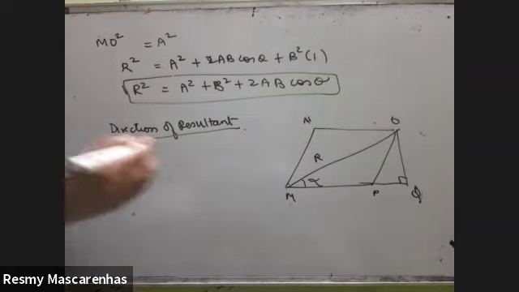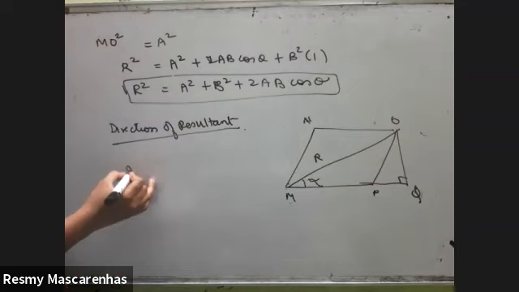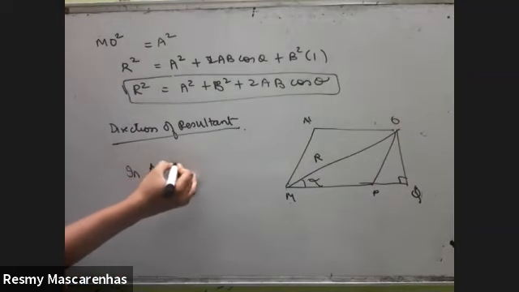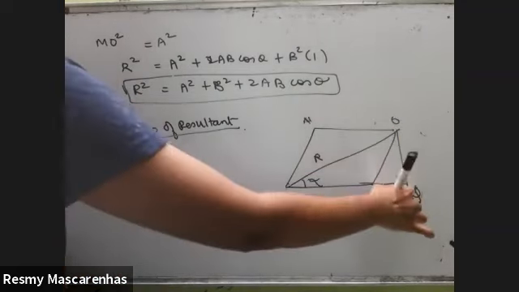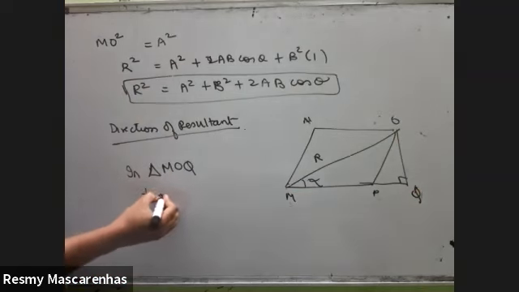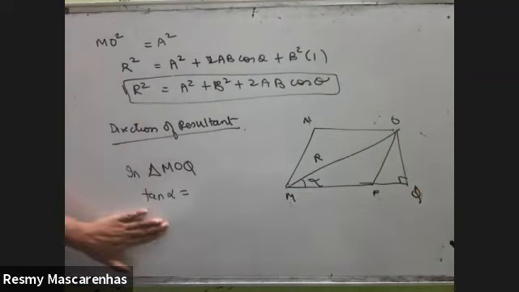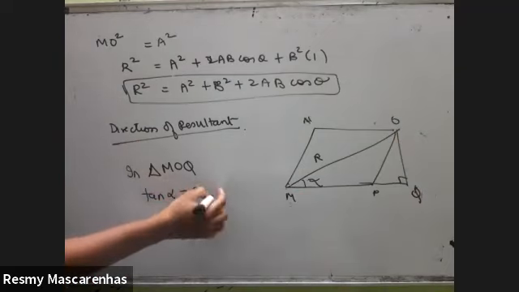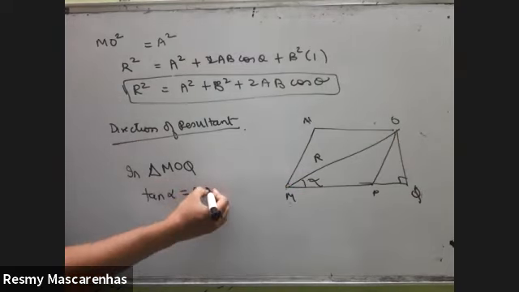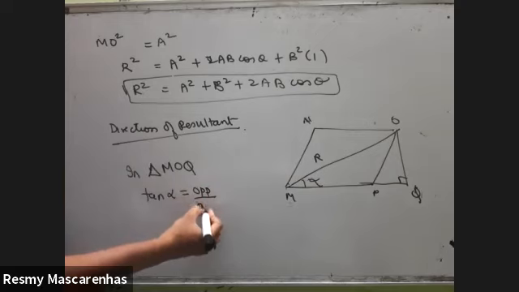So which angle will we see in the same triangle? In triangle MOQ, we'll take tan alpha now. Tan alpha is nothing but, instead of theta it is alpha, but this remains the same, opposite upon adjacent.